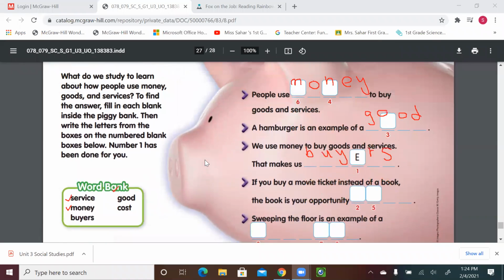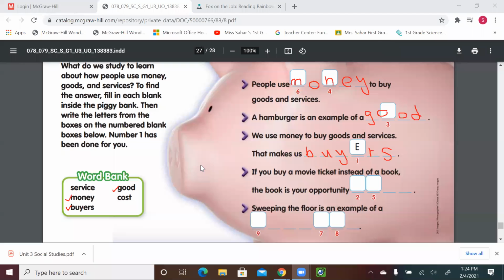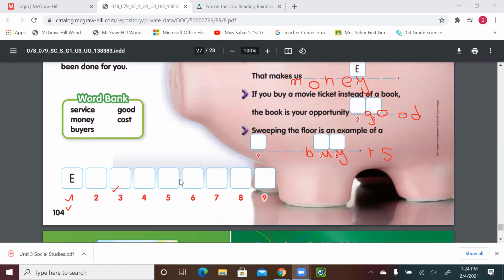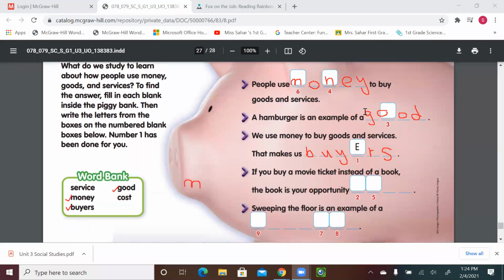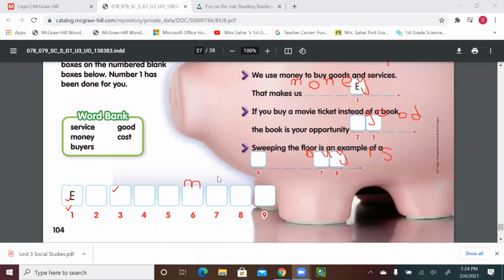Let's see. Number 6 and number 4, for example. So I'm going to go here for number 6. And what do I have? I have M. So I'm going to write M. Number 6, I'm going to write M. And then number 4 is N. So I'm going to come here for number 4.